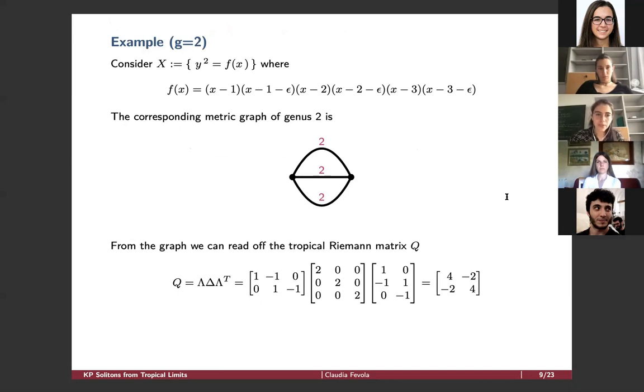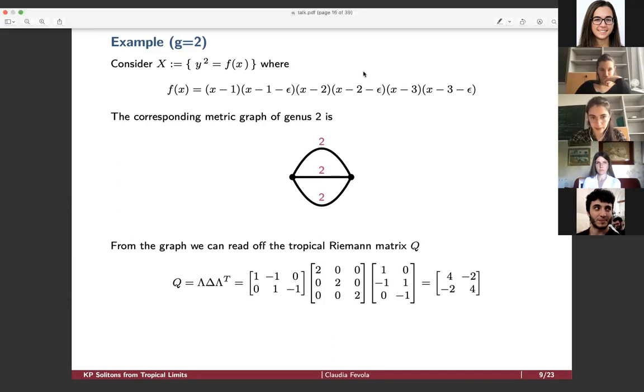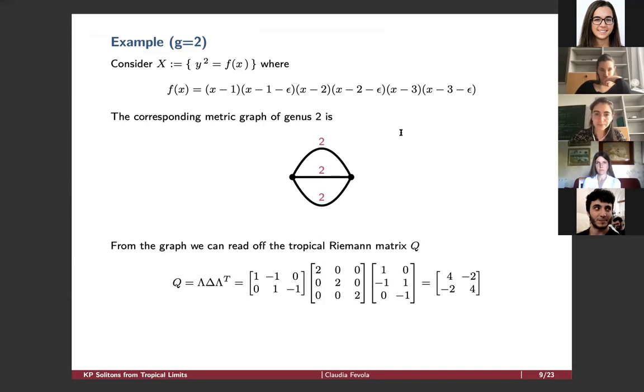So suppose X to be a genus 2 curve defined by this polynomial. Well, now the polynomial f of X will depend also on the parameter epsilon. And the corresponding metric graph is a graph of genus 2.